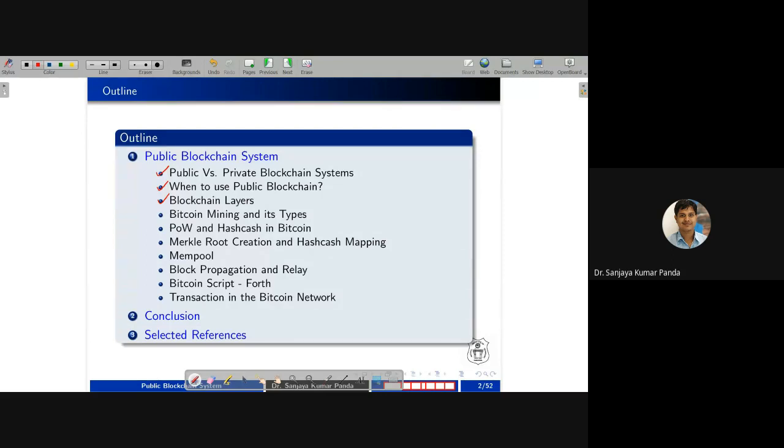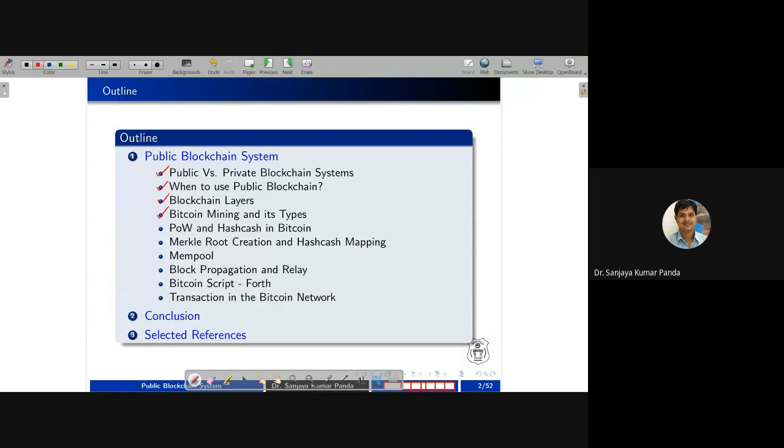Then we'll see about Bitcoin mining. In Bitcoin mining, we'll see different types of nodes, different types of miners, how mining is different from the miners, and also we'll see the mining pools. We will also see that there are different types of Bitcoin mining.